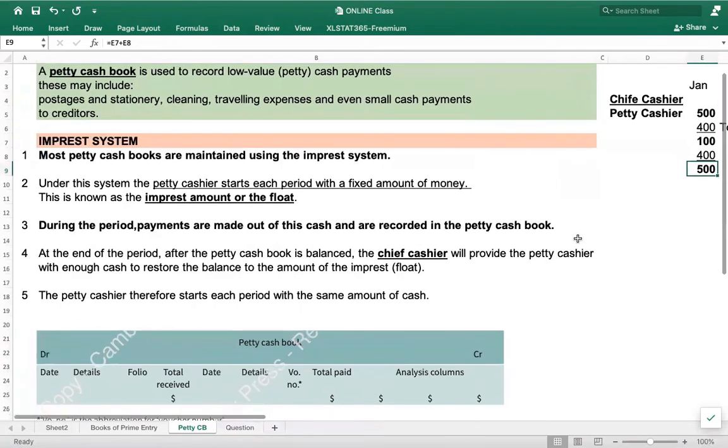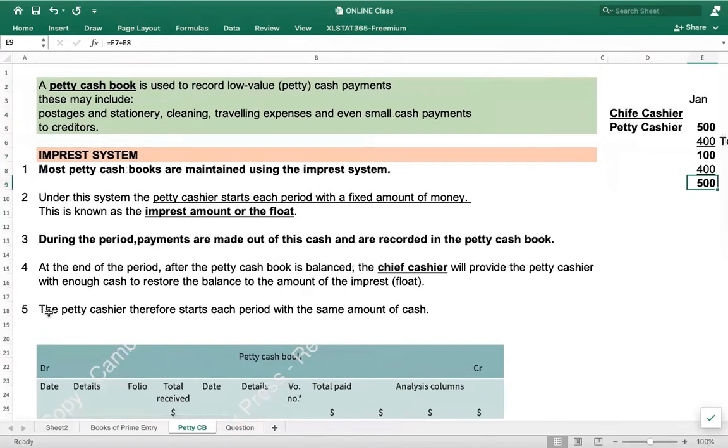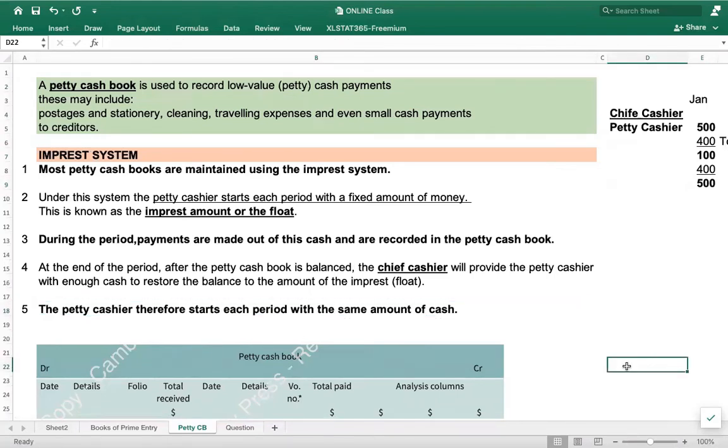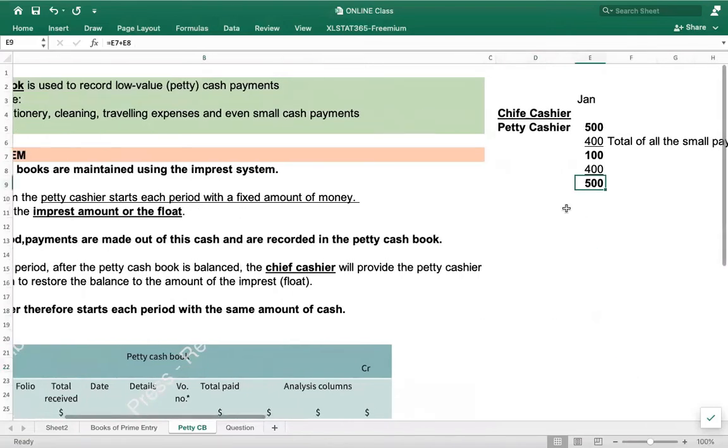So I hope you understood what the Imprest system is. Now read out the fifth point. The petty cashier therefore starts each period with the same amount of cash. Now next month again he is starting with how much dollars? $500. This $500 is not fixed, just I decided. Every business will decide their own Imprest amount.